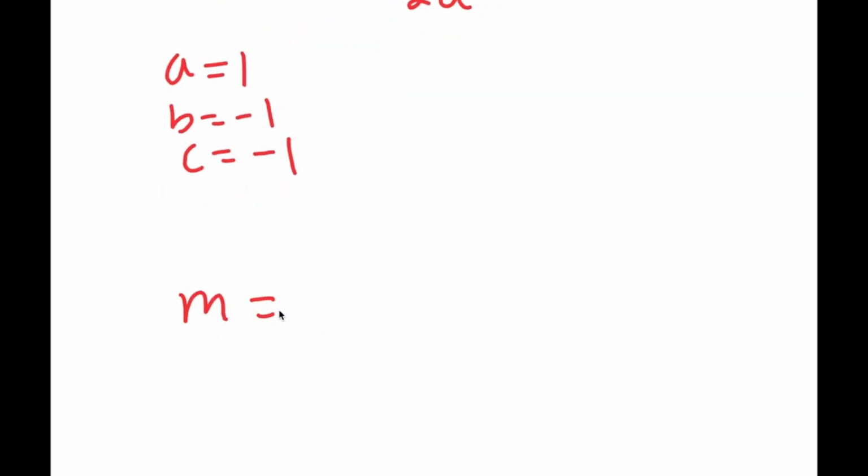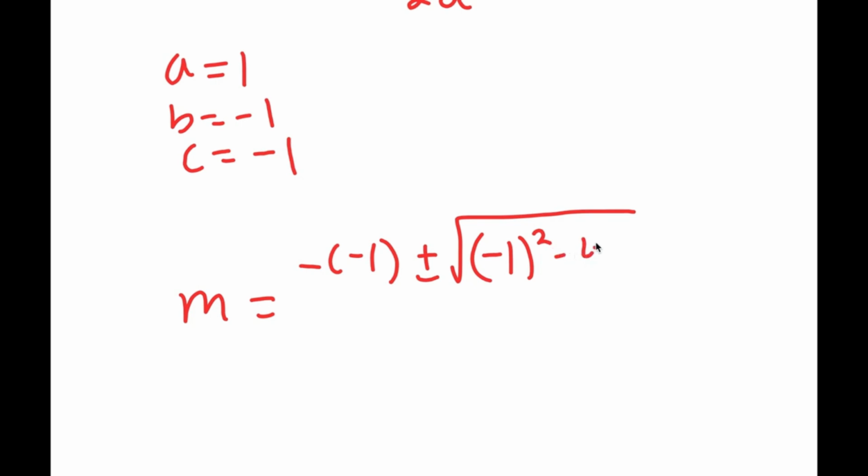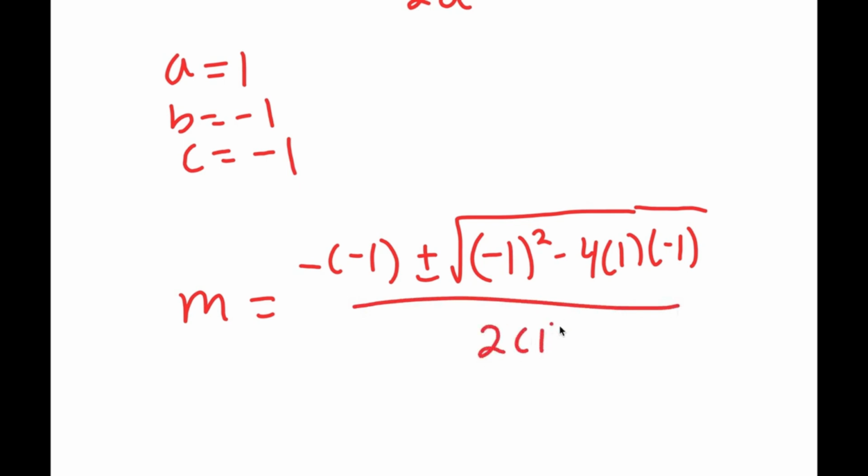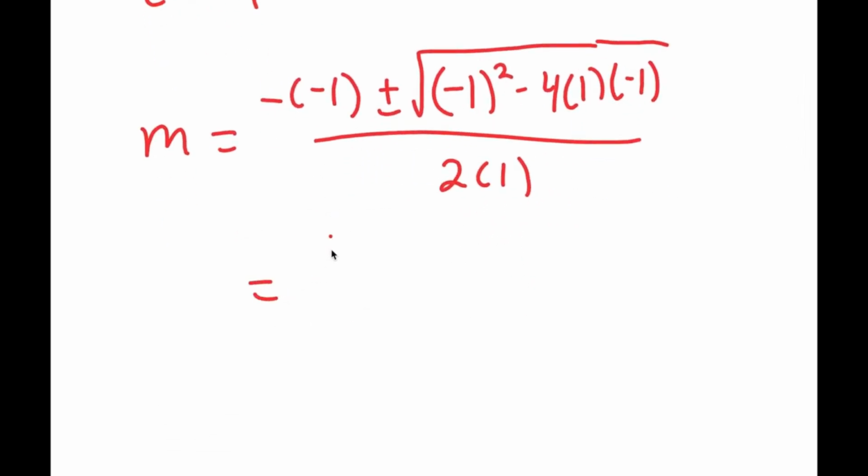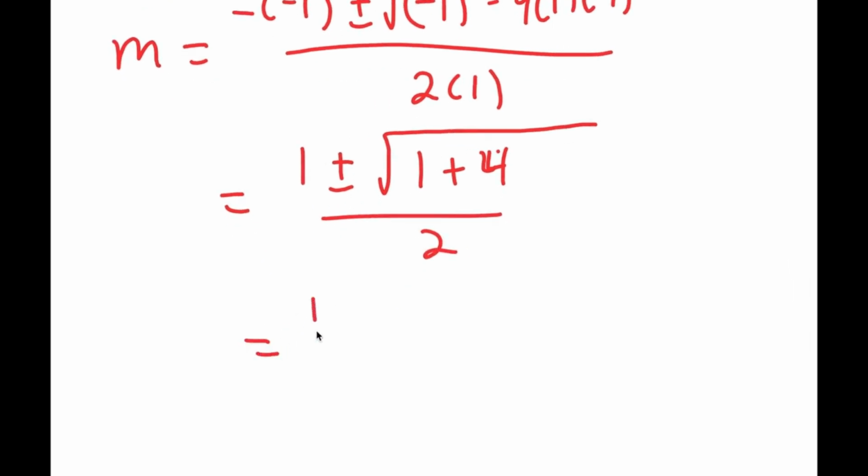So I get m is equal to negative of negative 1 plus or minus the square root of negative 1 squared minus 4 times a, which is 1, times c, which is negative 1, all over 2a, so 2 times 1. And this turns into positive 1 plus or minus the square root of plus 4 over 2, which is equal to 1 plus or minus the square root of 5 over 2.